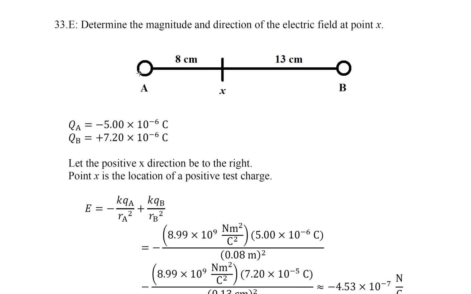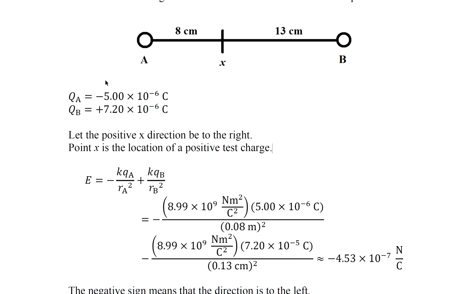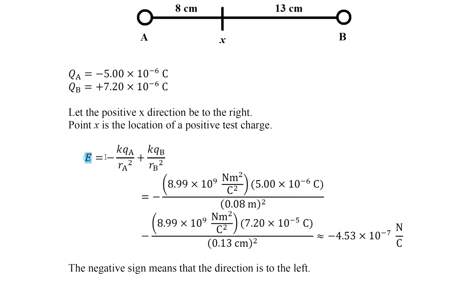So if A is negative and at point X is a positive charge, A is going to pull this positive charge to the left. And if B has a positive charge, and at point X there's a test charge that's positive, B pushes X to the left. So that's why this has this equation here, and there's two minus signs.